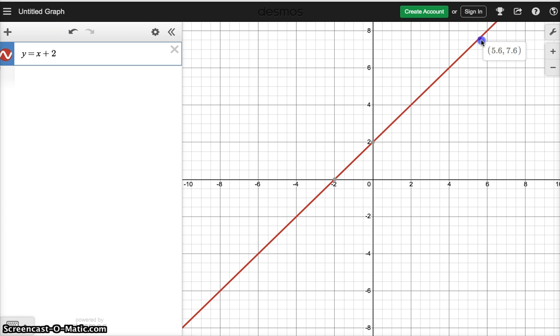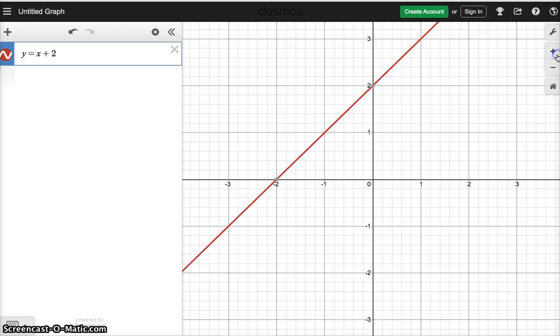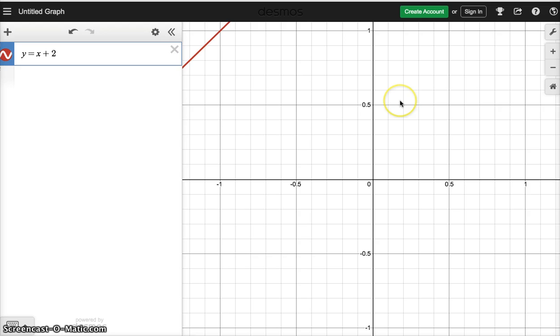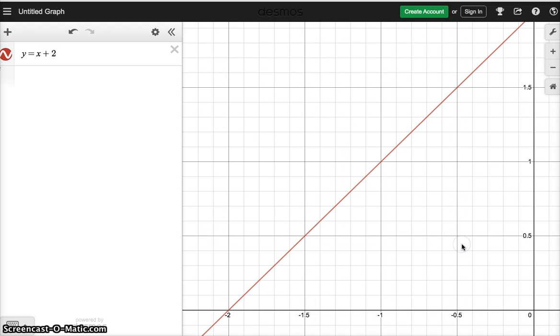I could plug 5.54 in and get a value. And if I zoom in even further, I can get even smaller decimals. So here's 1.065 or -0.937. So there's infinite amounts of numbers here.